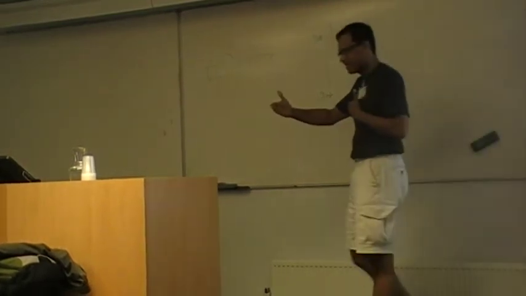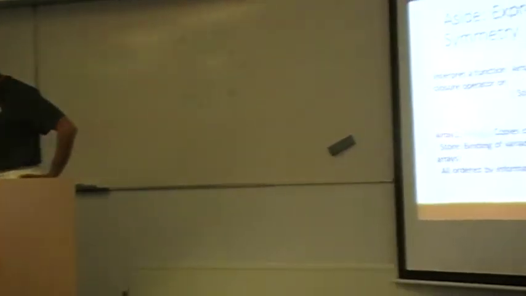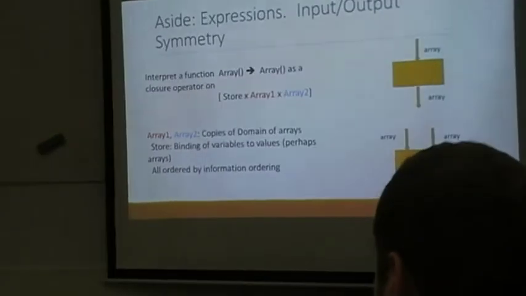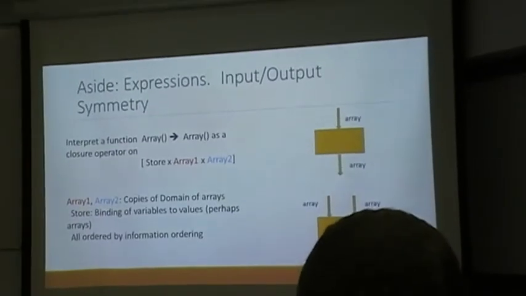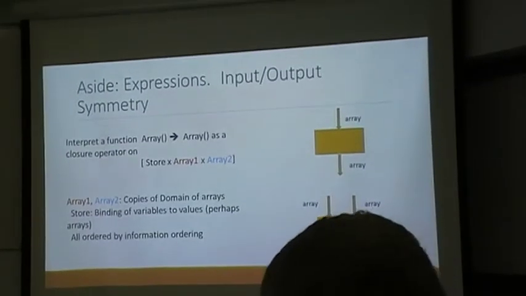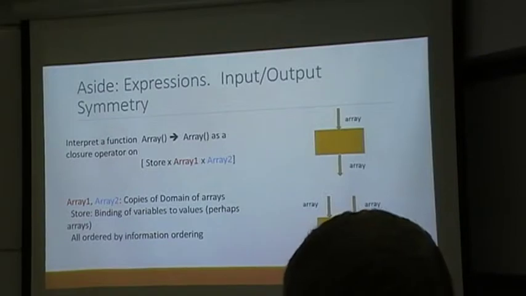There's total symmetry between the way the inputs and outputs are treated in expressions. And this idea turns out to be quite general, in the sense that in later work which I did with Keshav, we looked at this language, but with a real higher order proper functional language with logic variables, and that view still works.